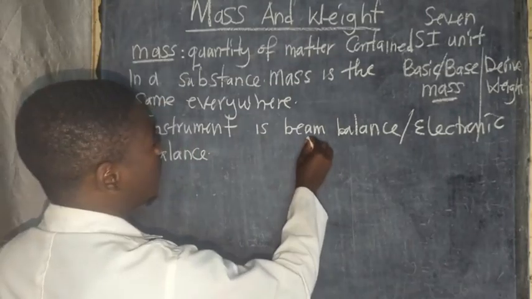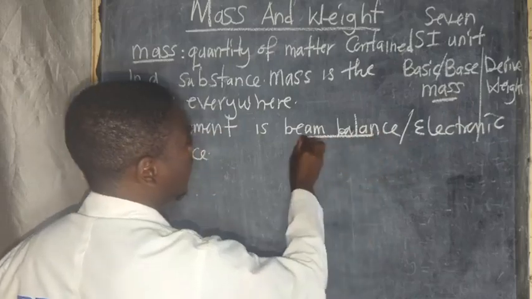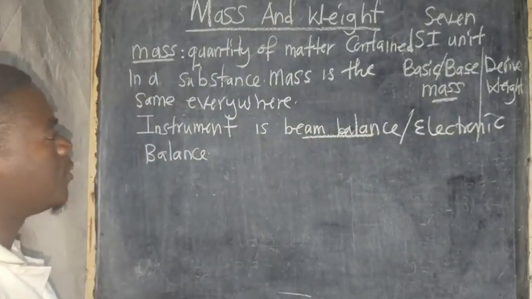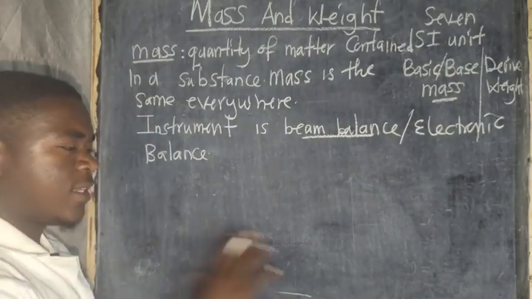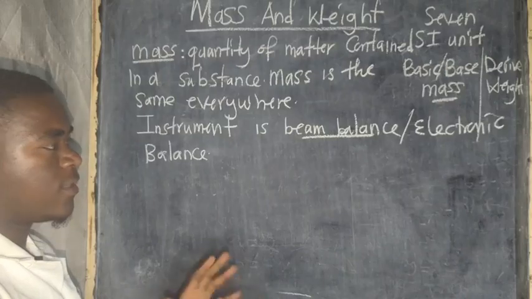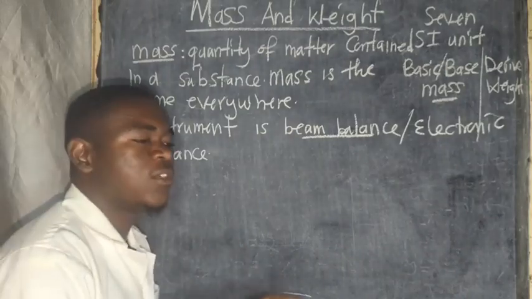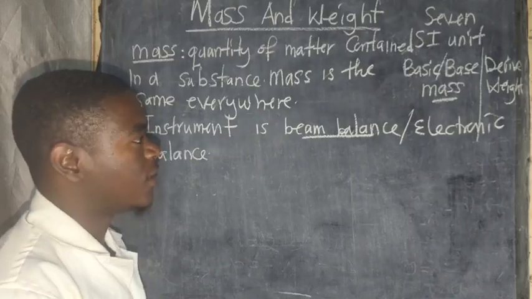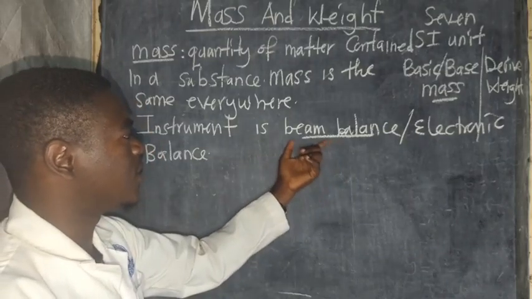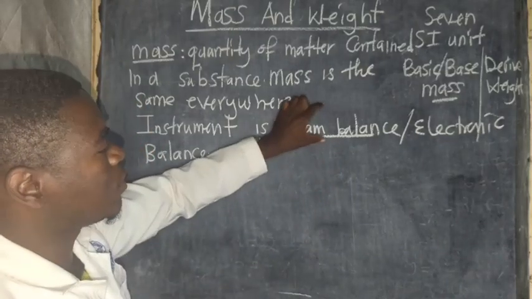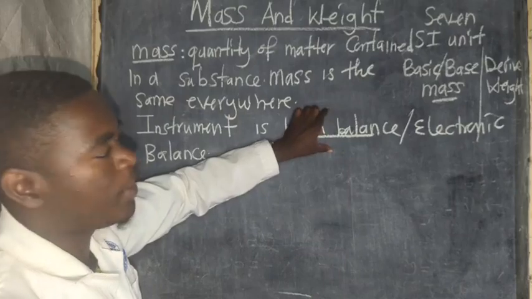Whenever we are talking about a beam balance, I think we know this. A beam balance is that thing that is used to measure the mass of an object, even without using power, electricity. This one doesn't require electricity for it to operate.